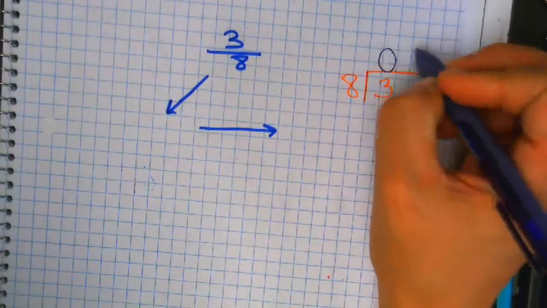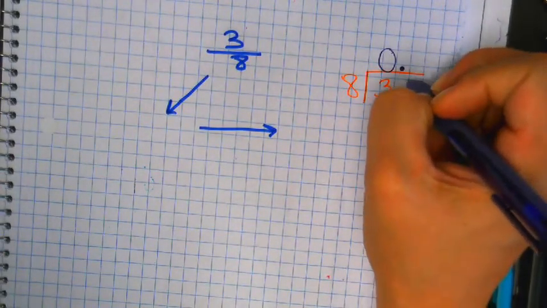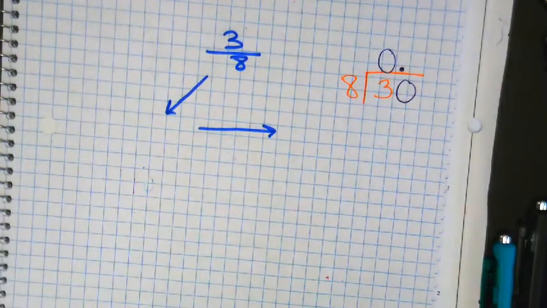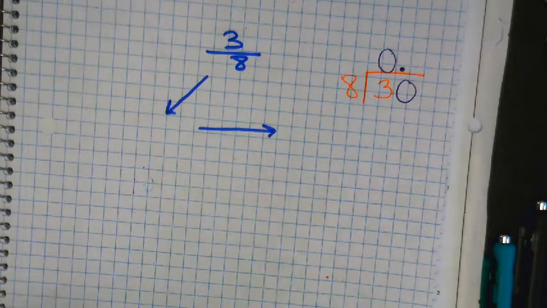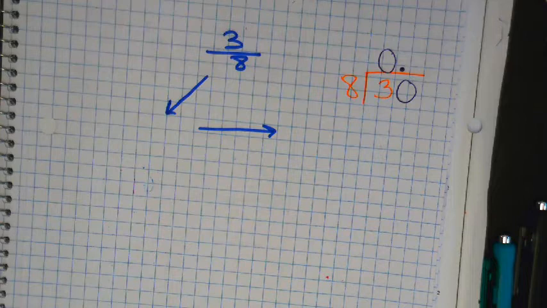Zero, decimal, 0. All right. How many times does 8 go into 30? 3, right?